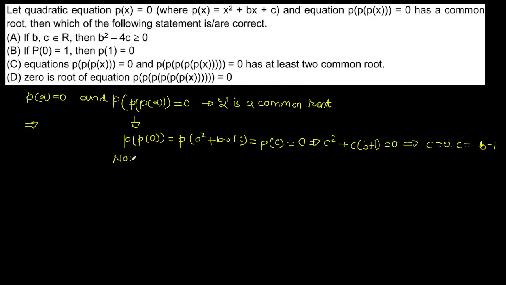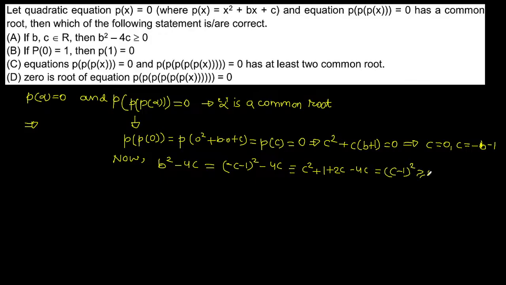Now b square minus 4c is (minus c minus 1) whole square minus 4c, which is equal to c square plus 1 plus 2c minus 4c, equal to (c minus 1) whole square.